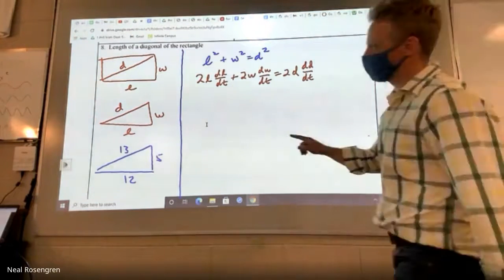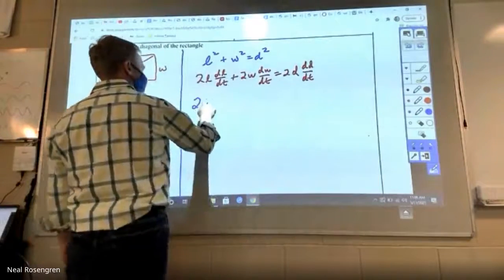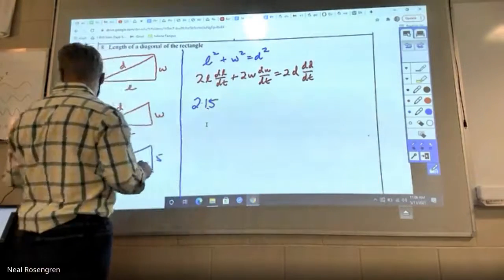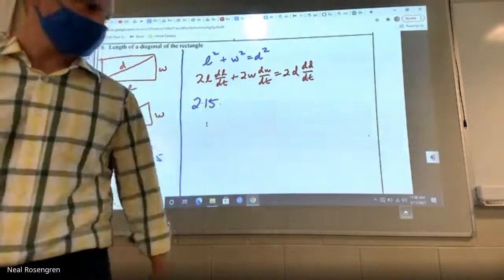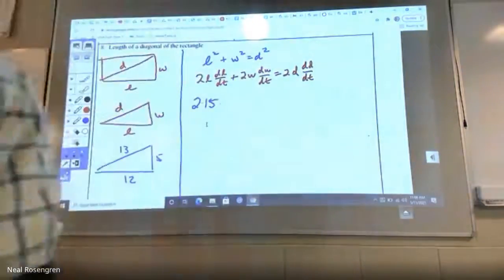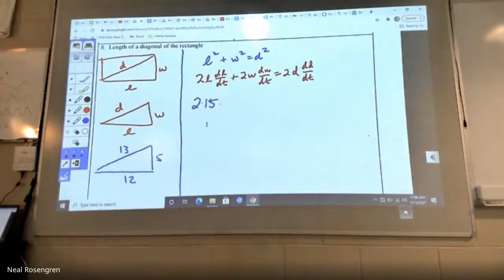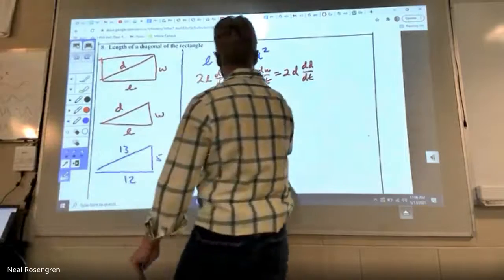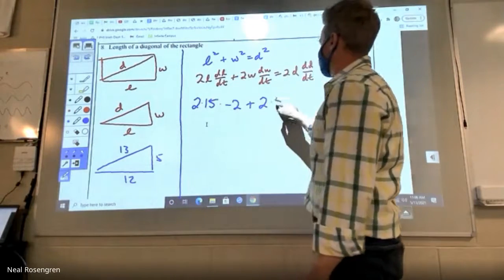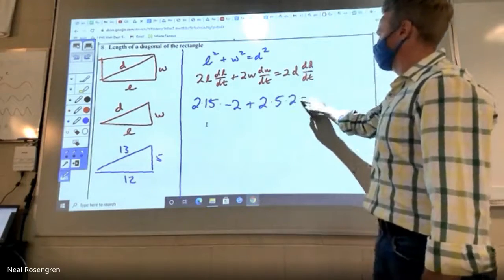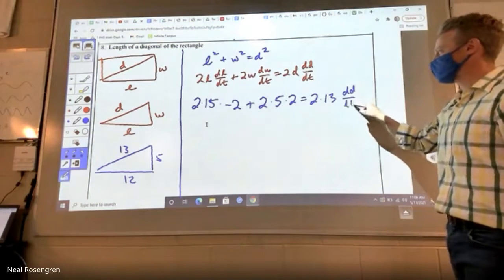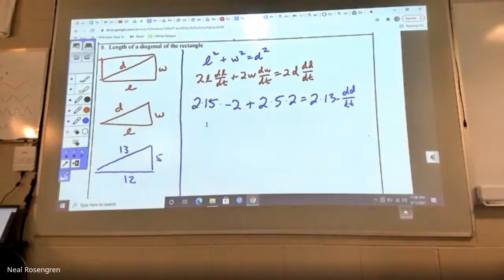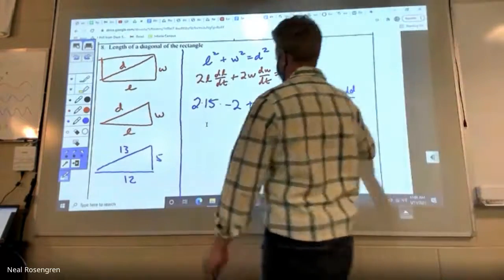Let's see, 2 times 15 times, what do we want? We want the diagonal, so we should know dL/dt, dW/dt. Again, d/dt if that bothers you.